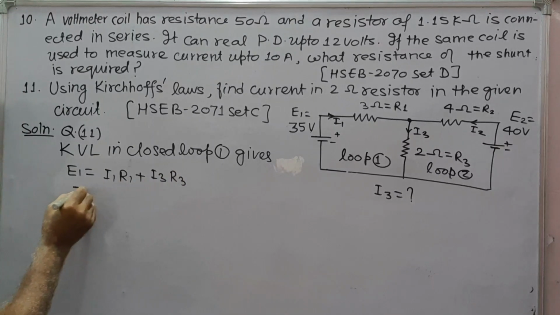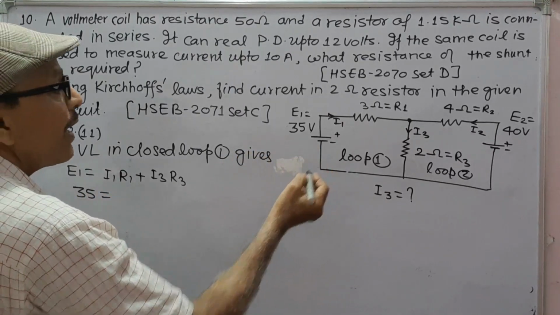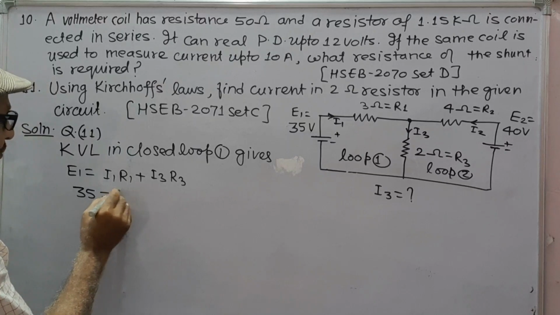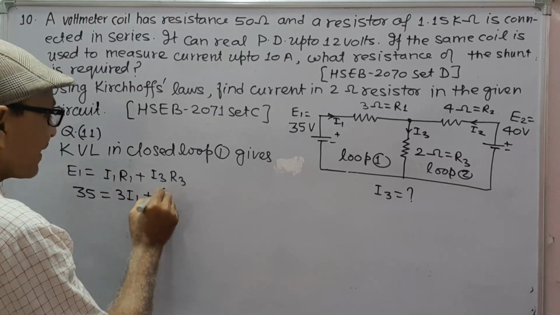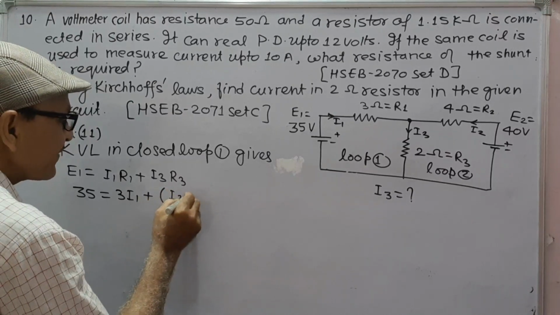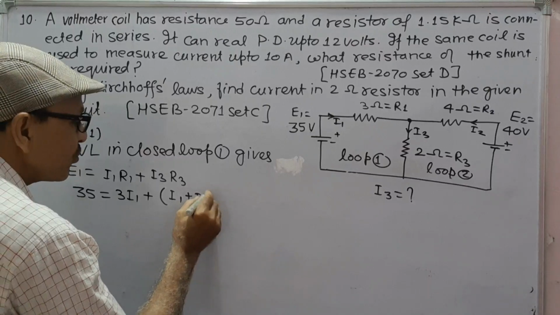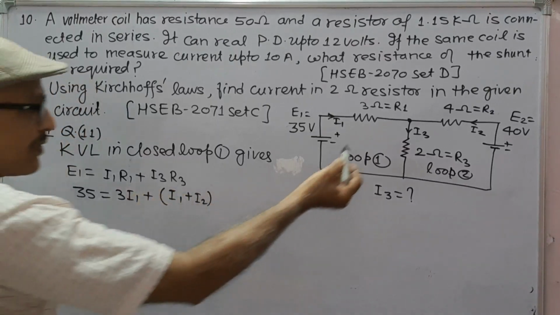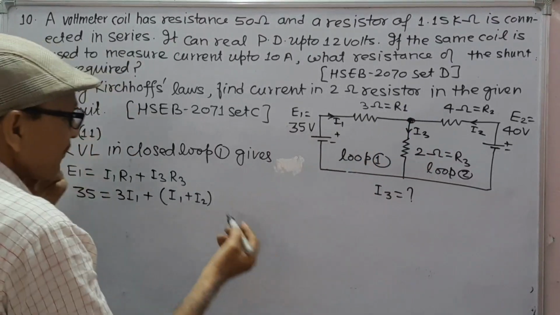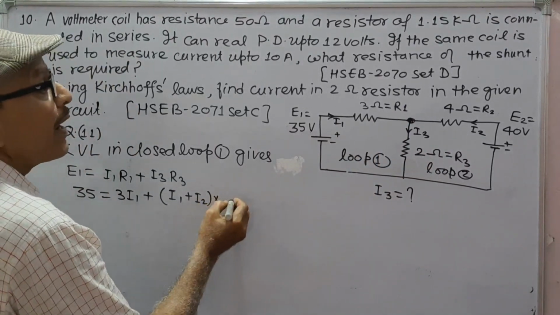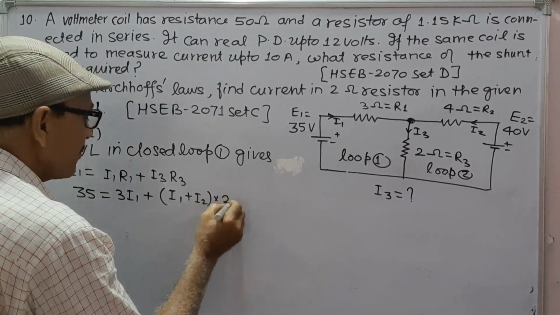E1 is 35, R1 is 3, I1 plus I3, I3 is equal to I1 plus I2 from KCL at this point, into R3 is 2.